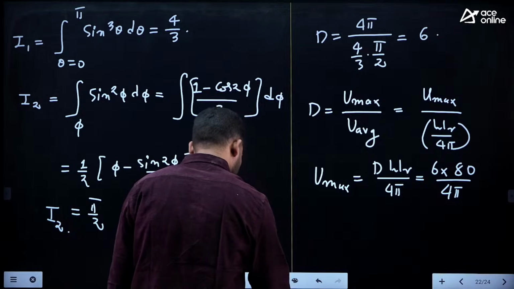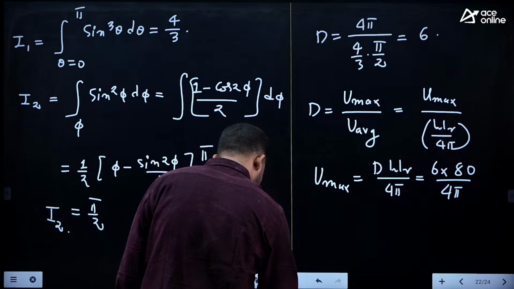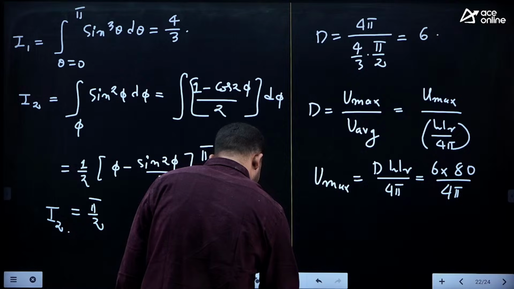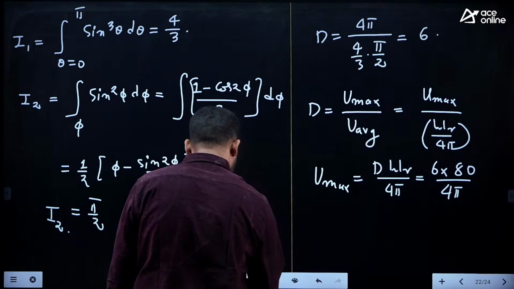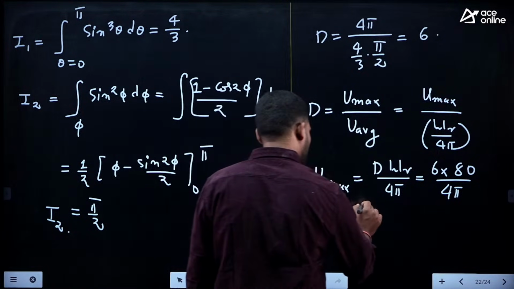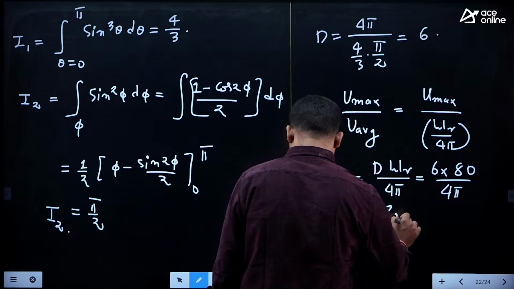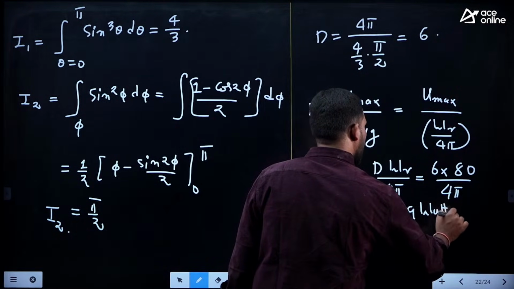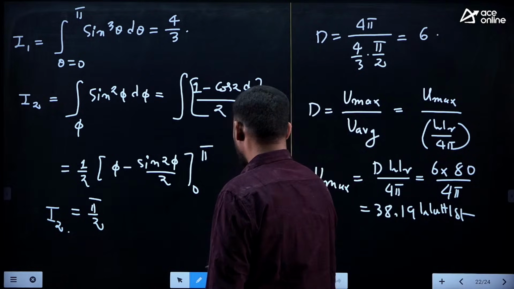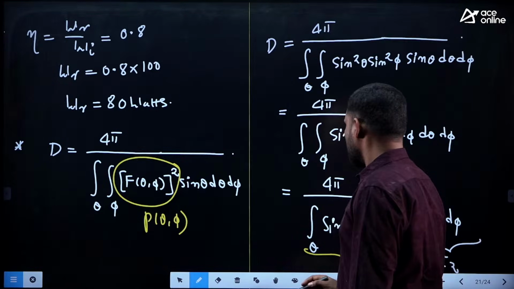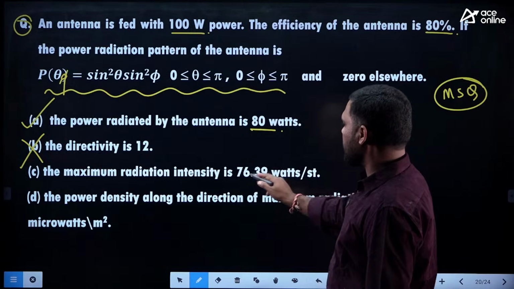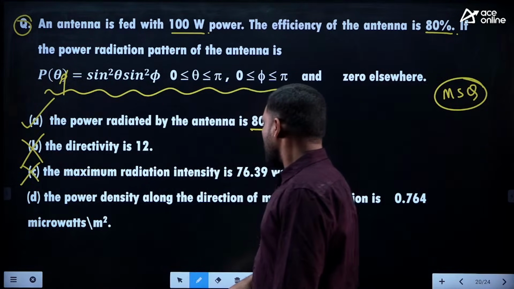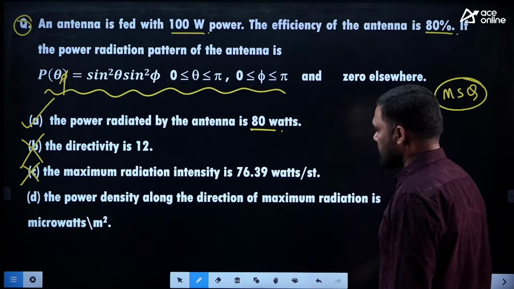So this is 6 into 80 divided by 4 pi. So it is 38.19 watts per steradian. So what is given in the question is something different, 76. So it is wrong.